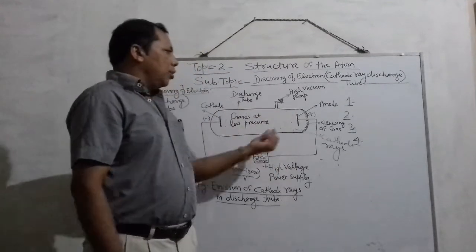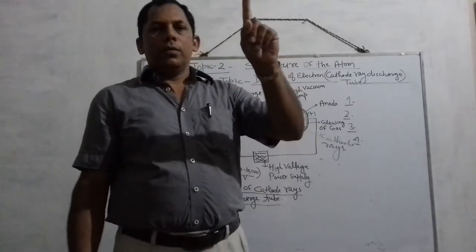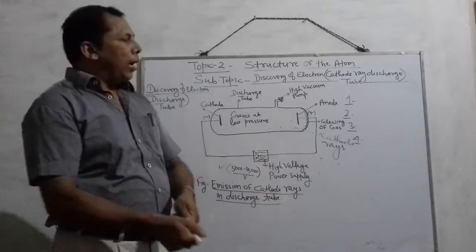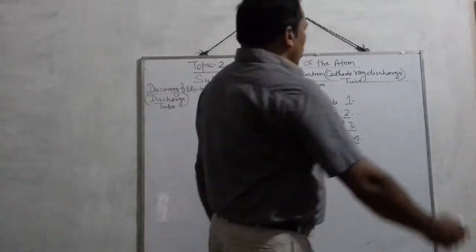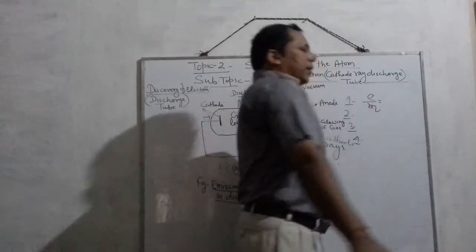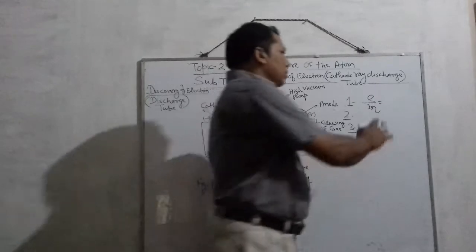The discharge tube is also known as the cathode ray discharge tube. One point in this section you have to study is the charge to mass ratio of the electron, shortly known as the e by m ratio.